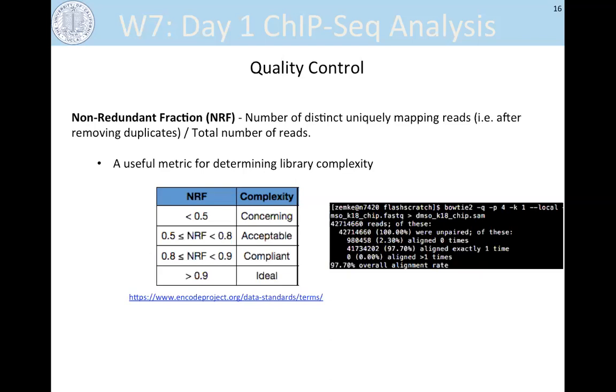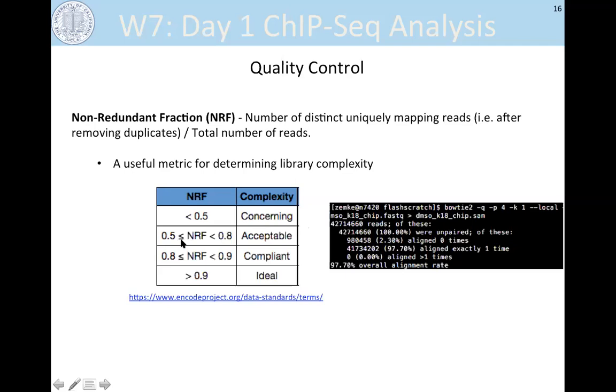So something you can do to assess the library complexity is look at the non-redundant fraction. This is the number of distinct uniquely mapped reads, typically after removing duplicates, over the total number of reads. By ENCODE standards, if you have less than half of your reads being non-redundant, that is what they would say is concerning.